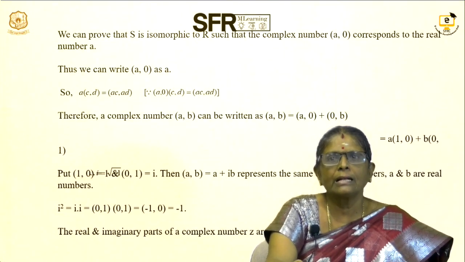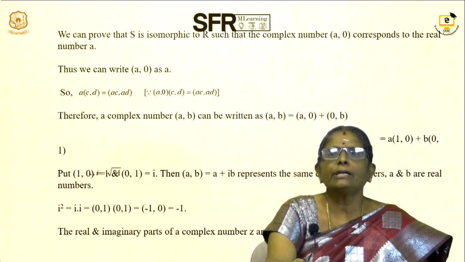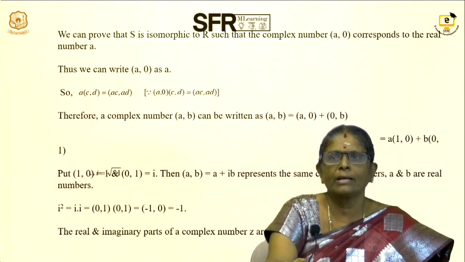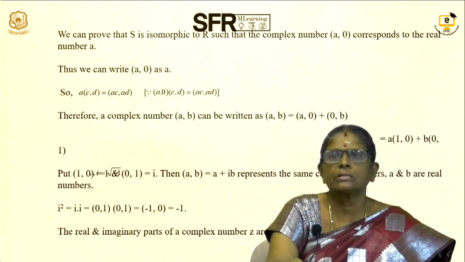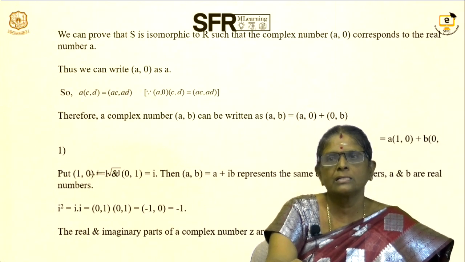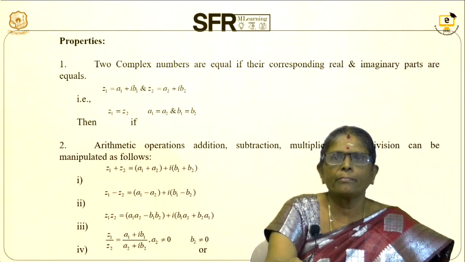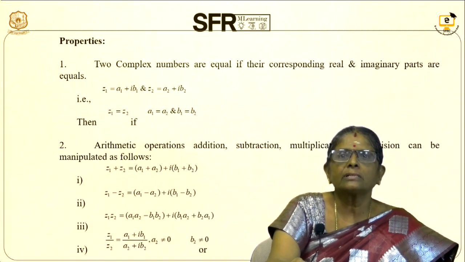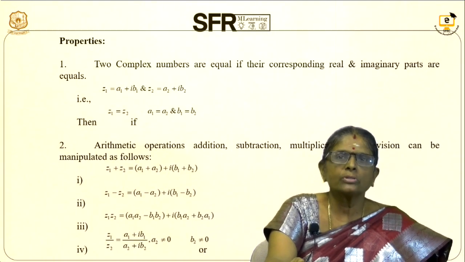Therefore, the real and imaginary parts of a complex number a plus ib can be denoted as real and imaginary. Then a complex number is denoted as z equal to a plus ib, where real z equals a and imaginary z equals b. Here are the basic properties of complex numbers. If you have any two complex numbers, when do you say that they are equal?